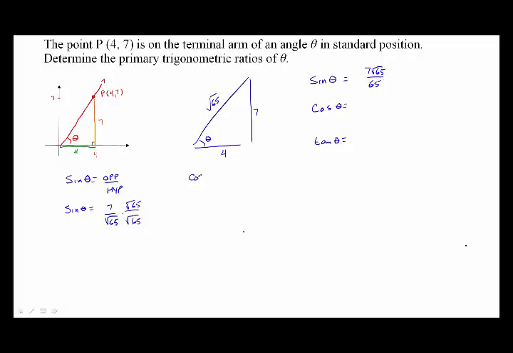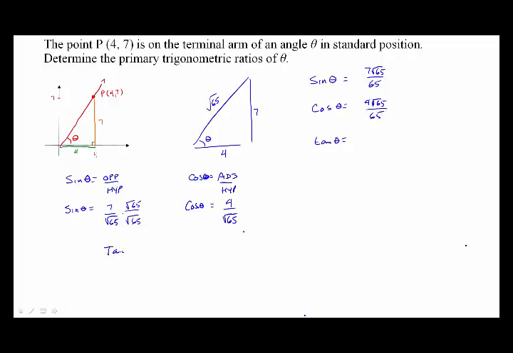Cos. This equals adjacent over hypotenuse. It's cos theta to be precise. The adjacent is 4. Hypotenuse is root 65. So we're going to have 4 root 65 over 65.